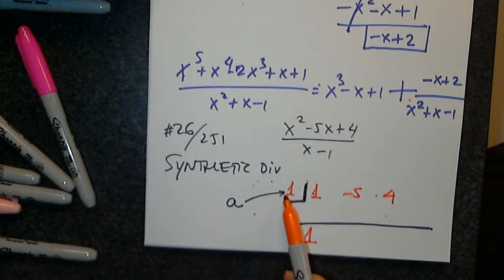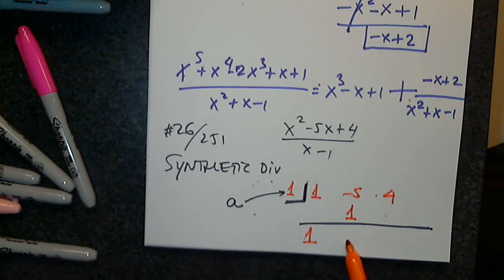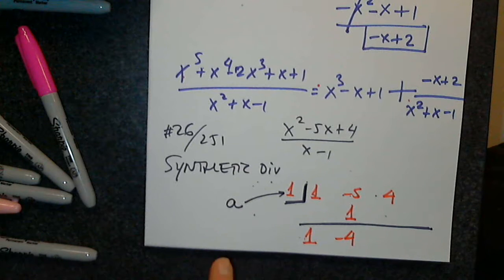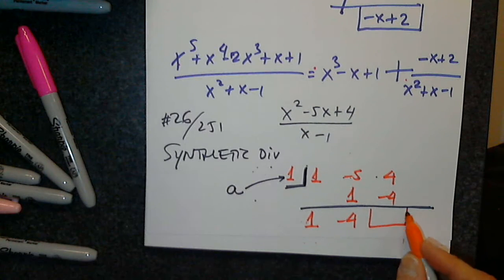So 1 times 1. Perform the operations and tell me what you get. Thank you. We continue multiplying. 1 times negative 4. And what is left in the box?